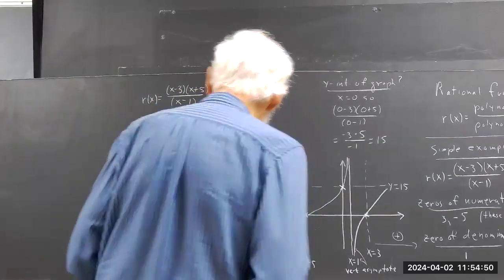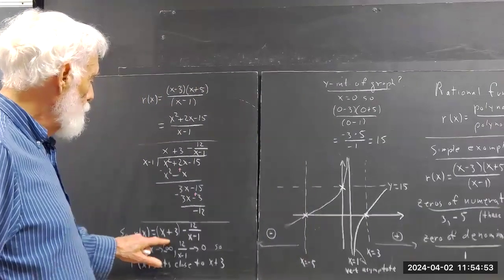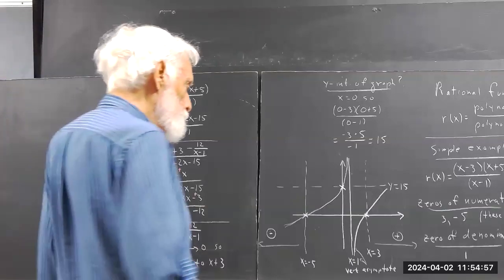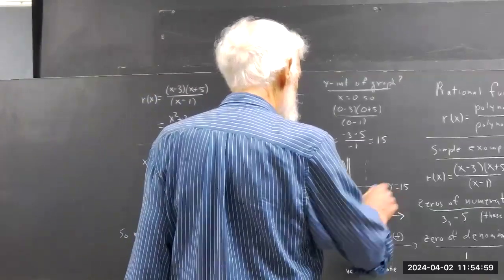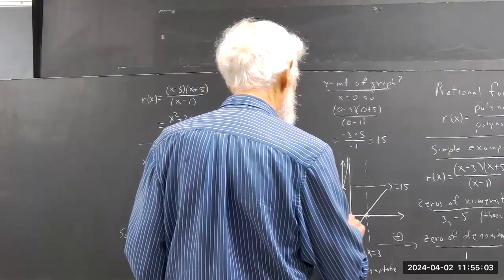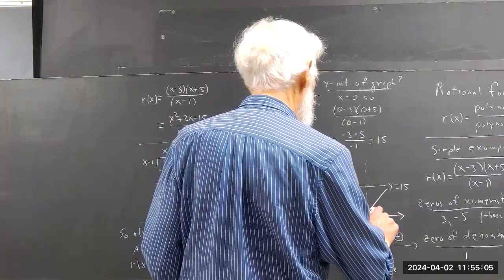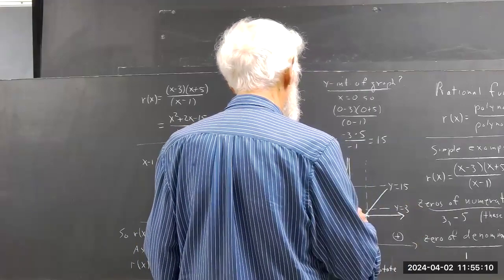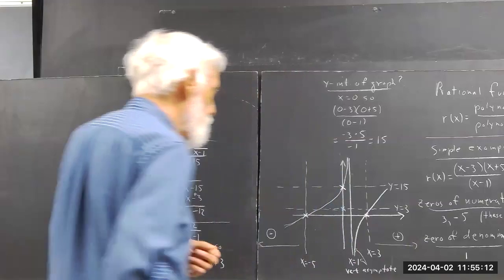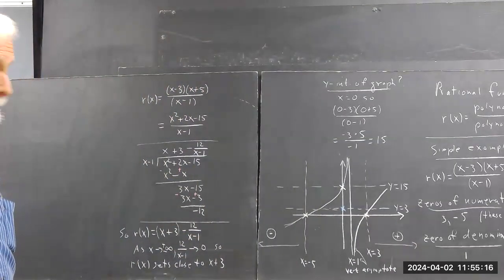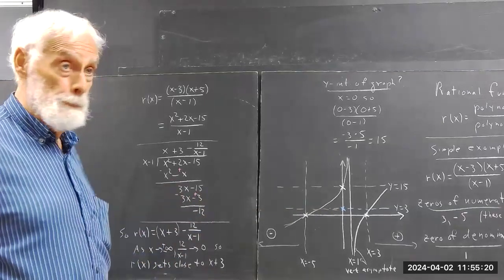So I want to graph y equals x plus 3. Well, if this is y equals 15, then y equals 3 is down maybe about here. And this point would have to be on your graph. The other thing is the slope of the graph is 1.